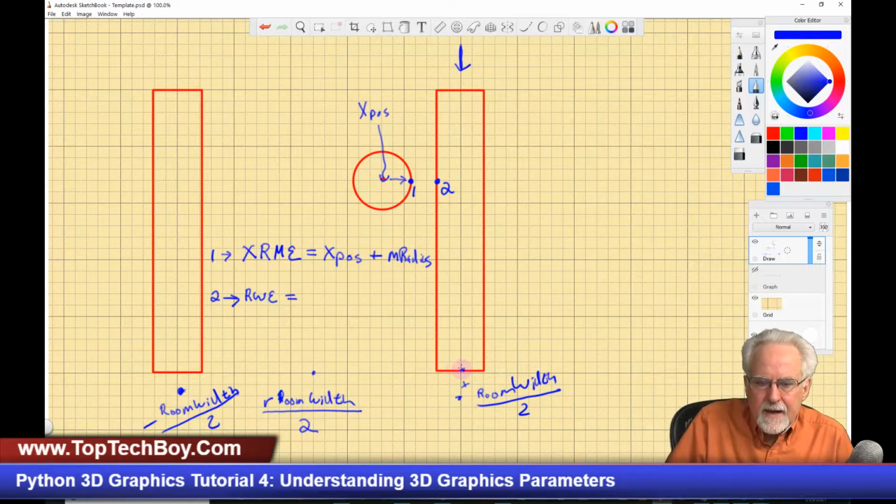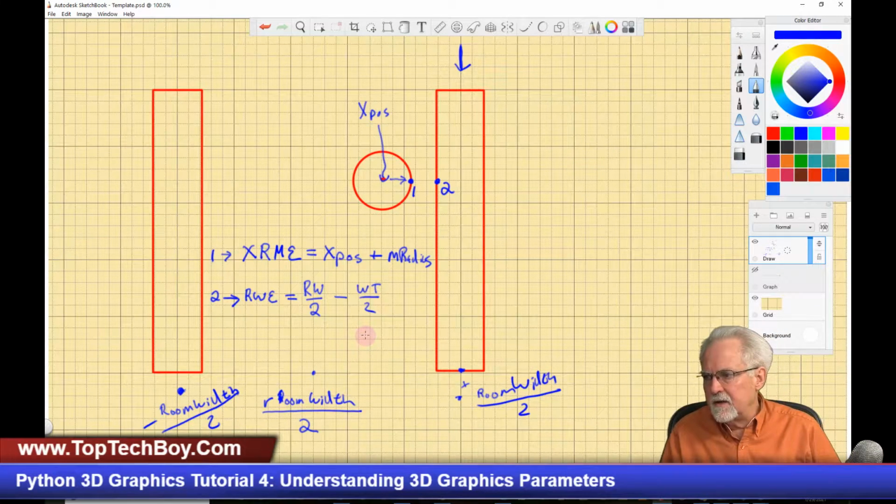But I don't want this position, I want this position. That's position 2. I want that position. Well, what would that be? I'm going to have to abbreviate: room width divided by 2, which is that, minus wall thickness divided by 2.